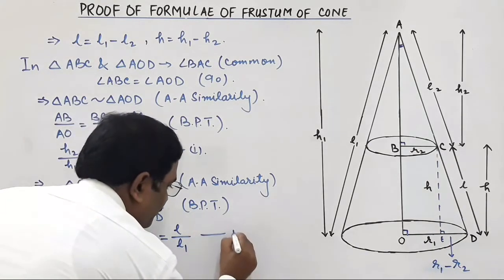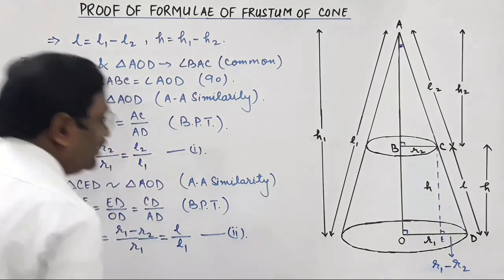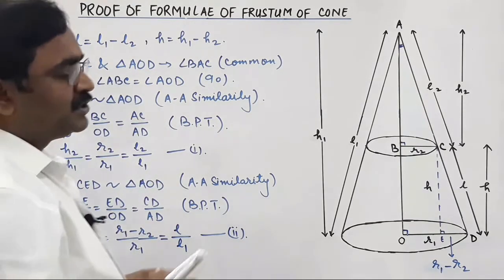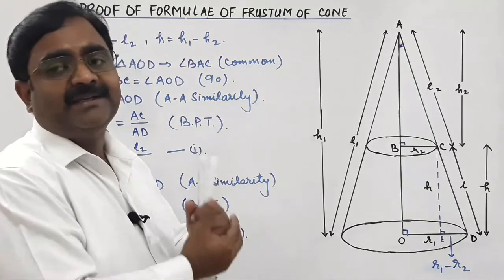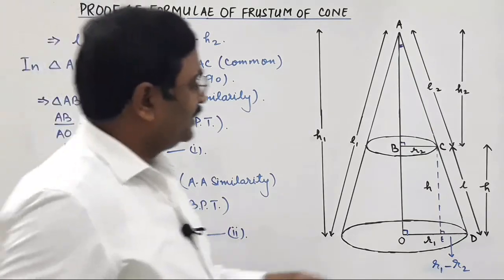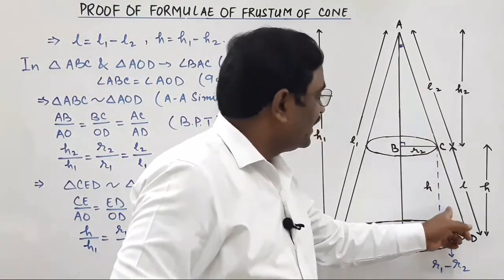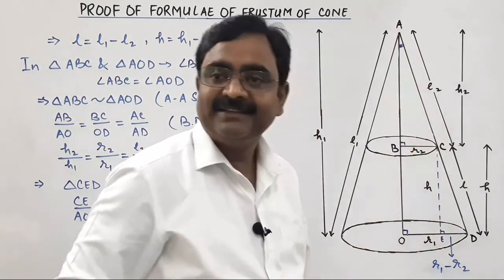Say it is equation number 2. Right friends? Now similarly we need to find out the similarity between CED and ABC triangles.